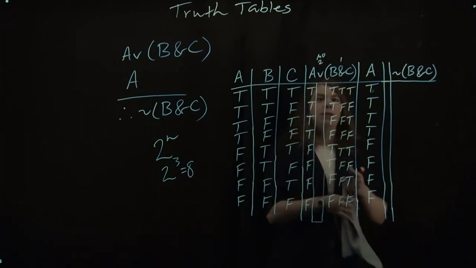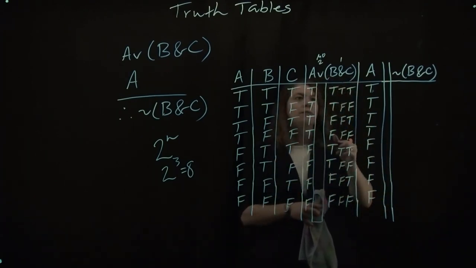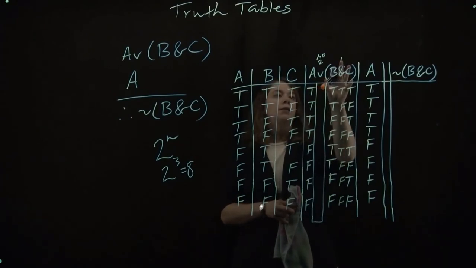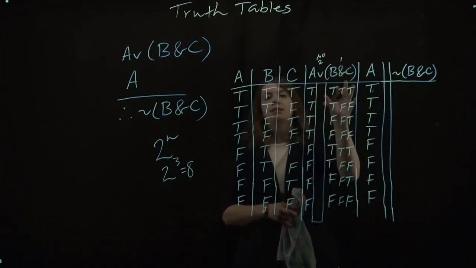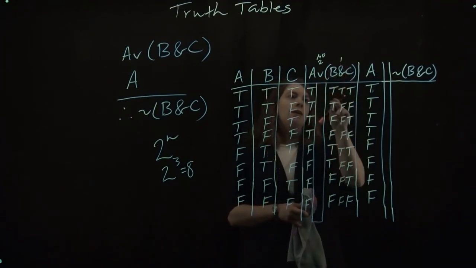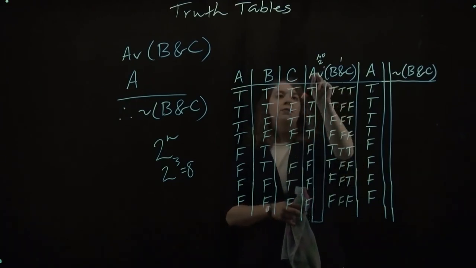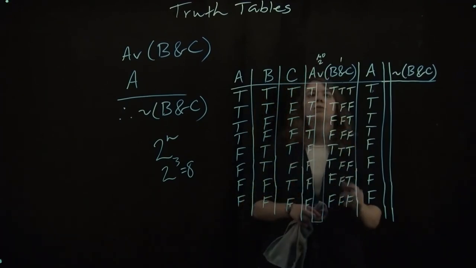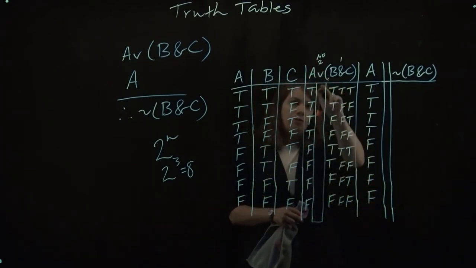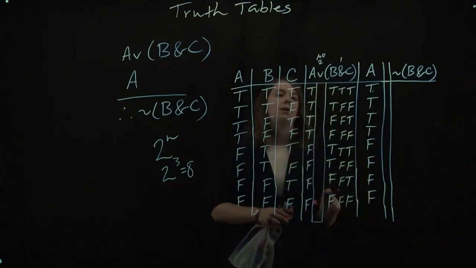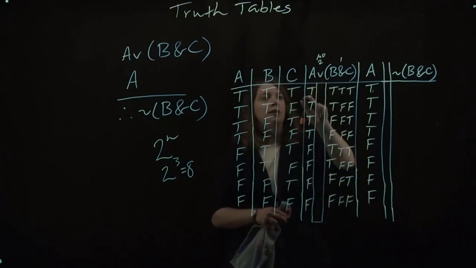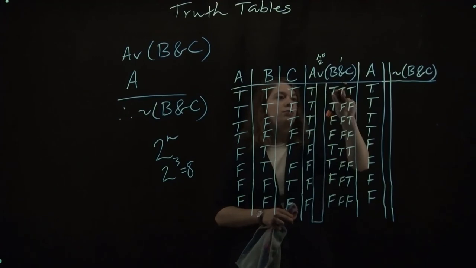So this column here, the one that we just did, is going to give us the final value of this whole chunk right here of B and C. So we're going to use that value and then combine it with the value via the disjunction here with the A column. Okay, so in order to determine what the final values are going to be here in the wedge column, you need to take true in the A column and then this true here for the whole entire chunk under the ampersand.